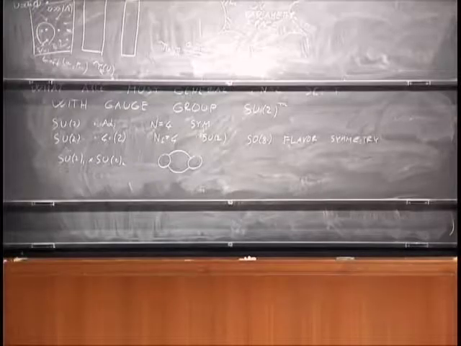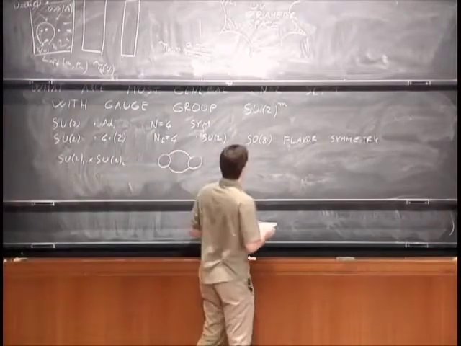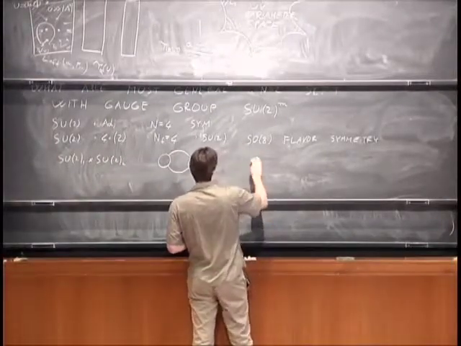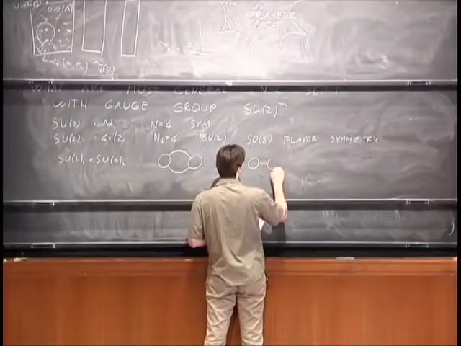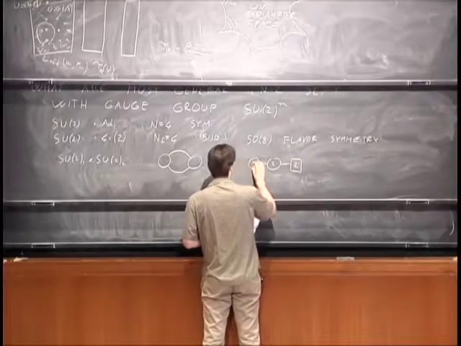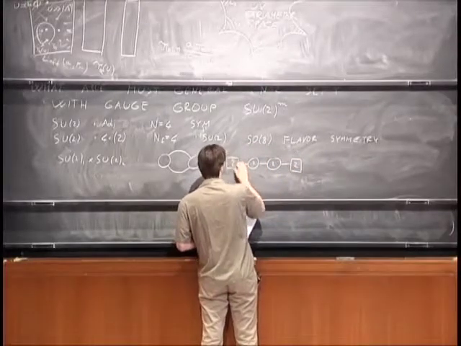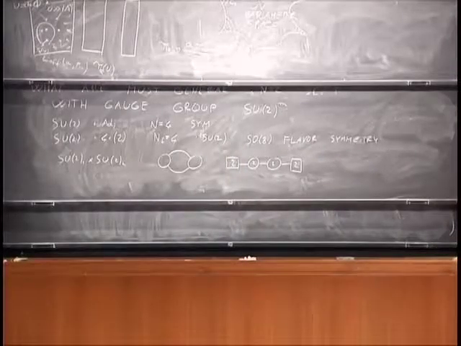This is a close relative of N=4 super Yang-Mills, in a sense, an orbifold of N=4 super Yang-Mills. Another possibility is to do the sort of linear quiver we were drawing up here, just with N=2.